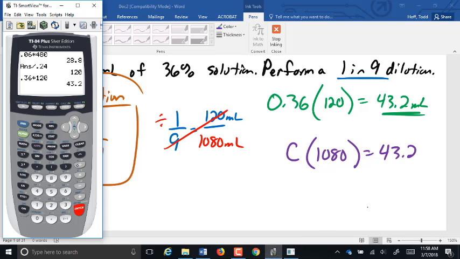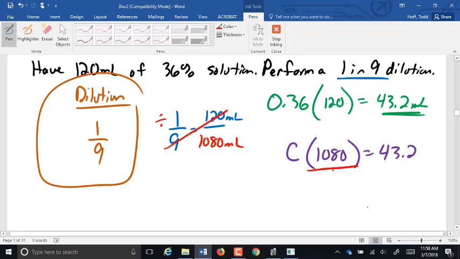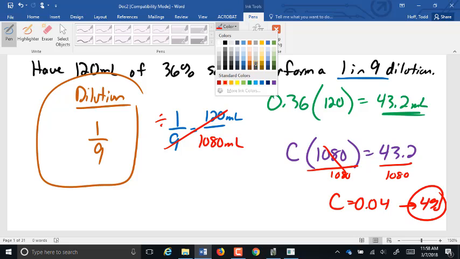So 43.2 divided by 1,080, we get 0.04, or 4%.